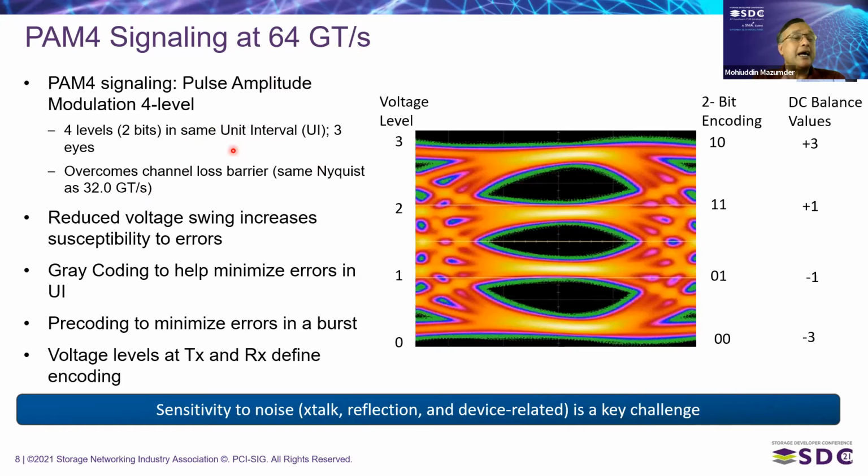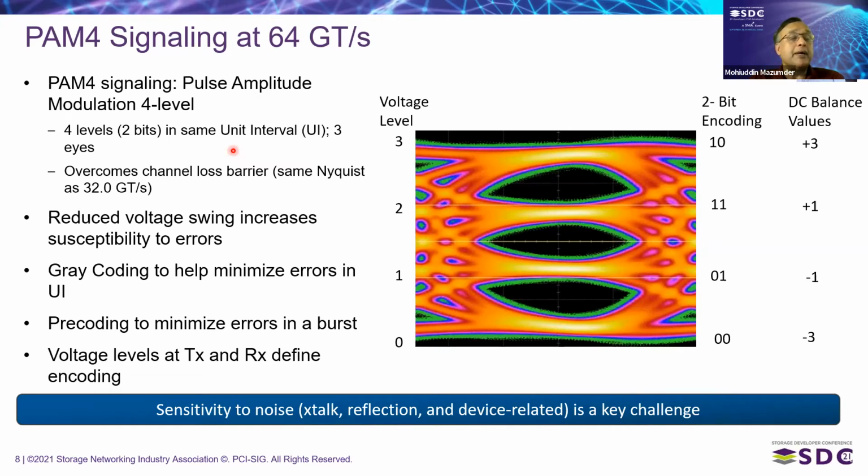And at such a high loss, the receiver noise would be more than the amplitude of the signal arriving to the receiver. So that's a fundamental limit. Without extreme measures, such loss cannot be supported. And that's why we move to PAM4 signaling, as other industry standards for 50 plus gigabit per second have also moved.